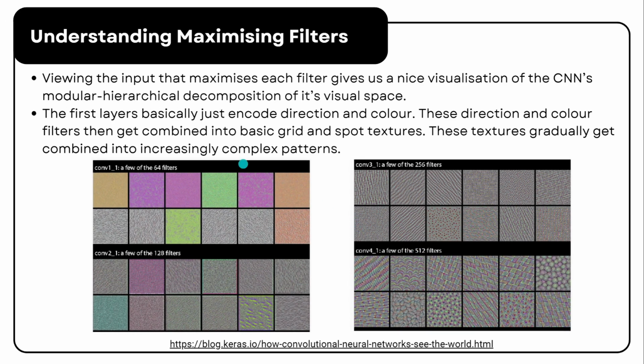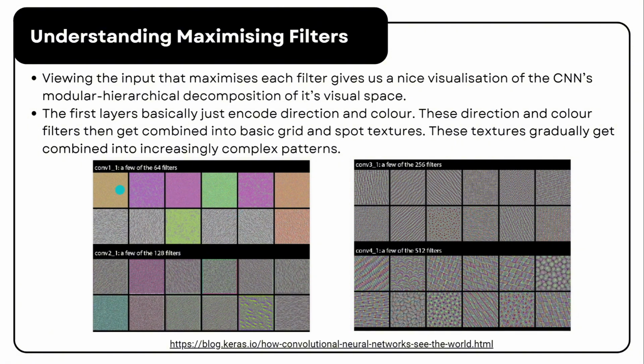By visualizing the inputs that maximize each filter, we get a great look at how a CNN breaks down and interprets the visual world, this kind of modular, hierarchical decomposition of visual space. Well, it sounds fancy, but at its core, it's pretty intuitive.